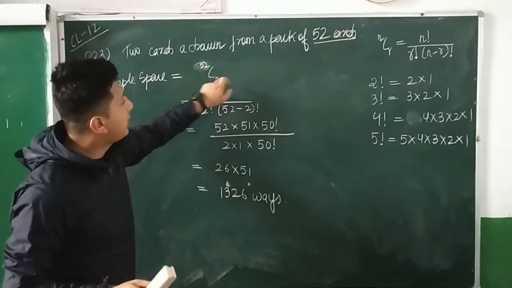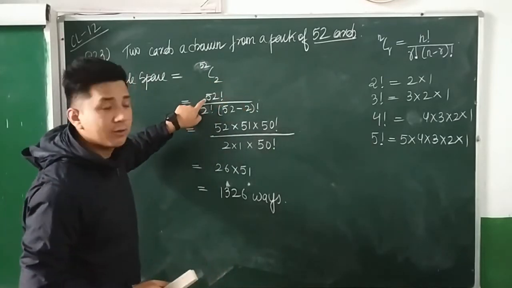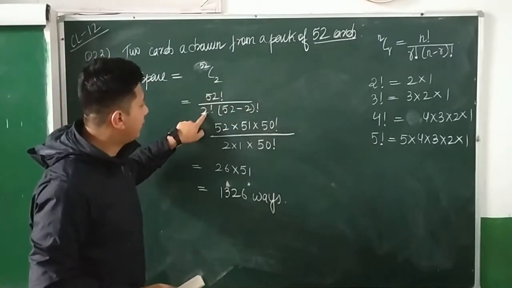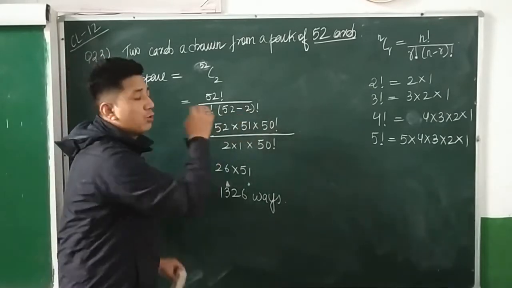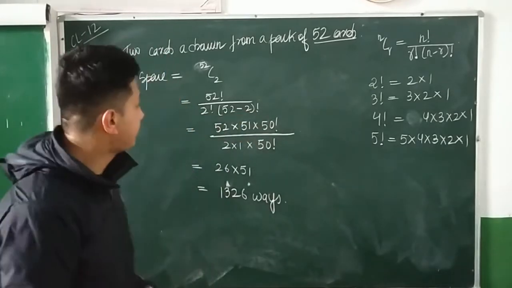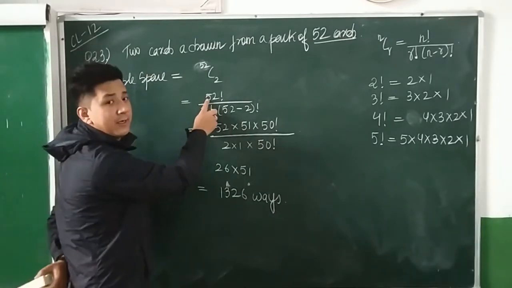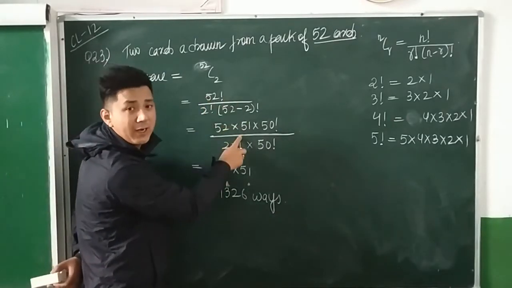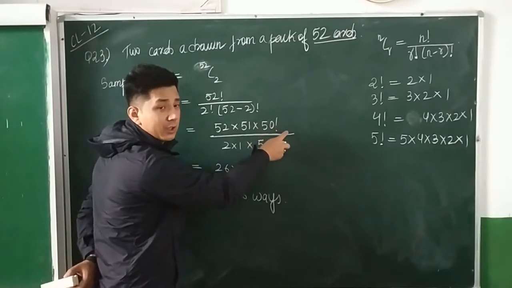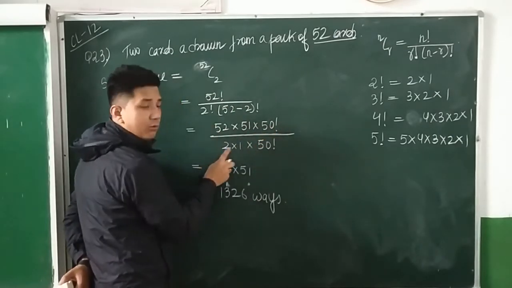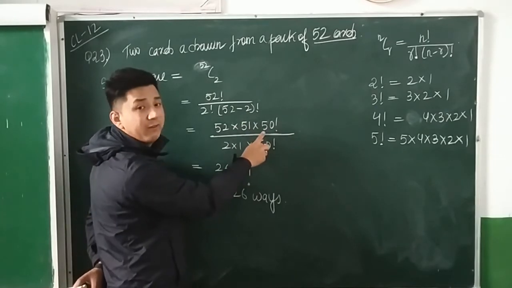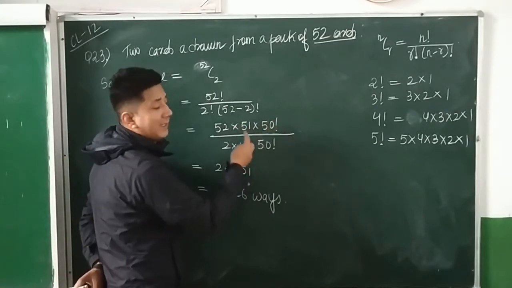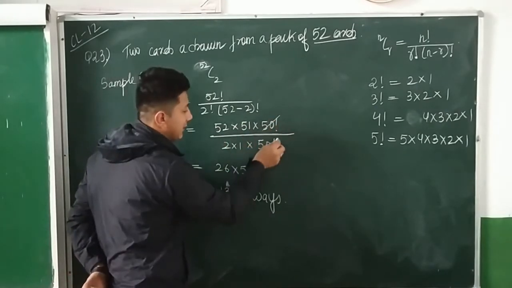In 52C2, using the formula, 52 factorial divided by 2 factorial into (52 minus 2) factorial. 52 minus 2 means 50 factorial, and 52 factorial we can write as 52 into 51 into 50 factorial, divided by 2 into 1 into 50 factorial. The reason I stopped at 50 factorial is because 50 factorial and 50 factorial cancel out.